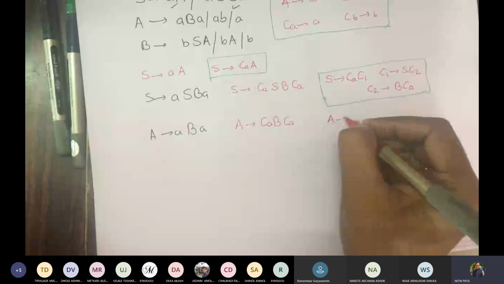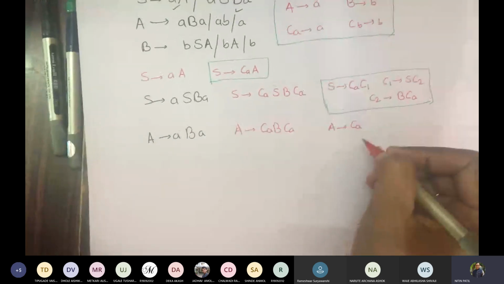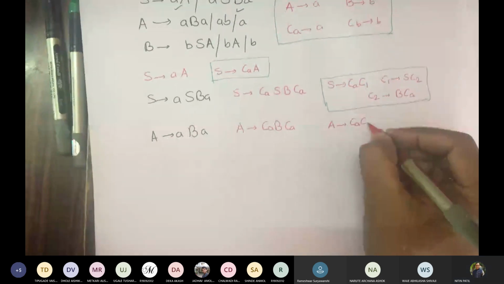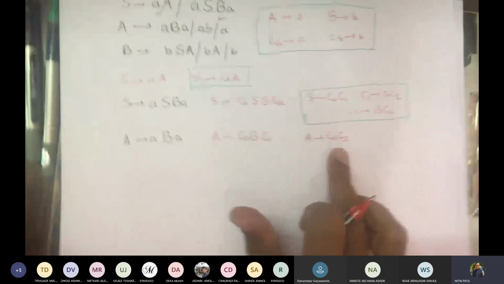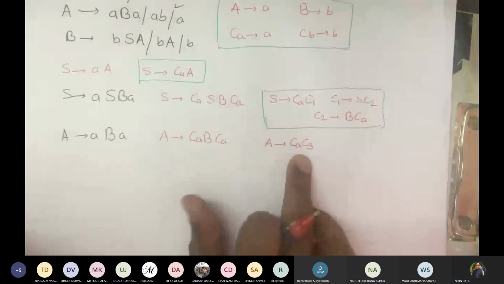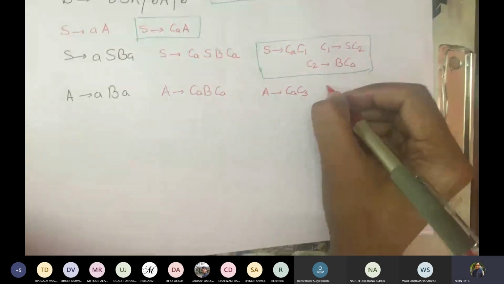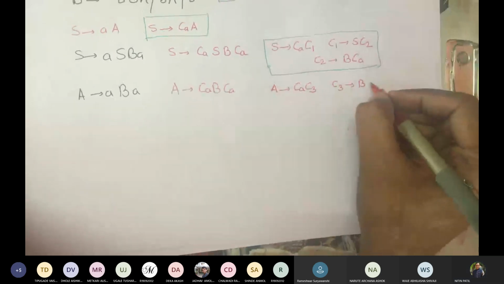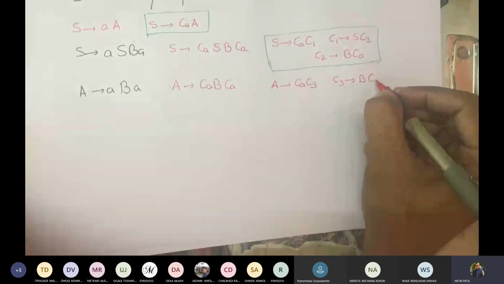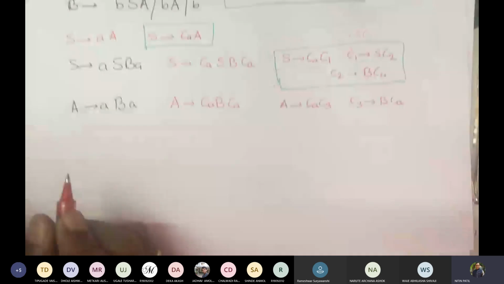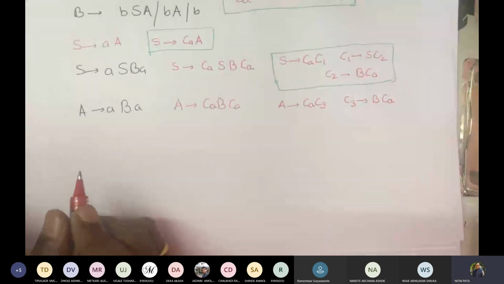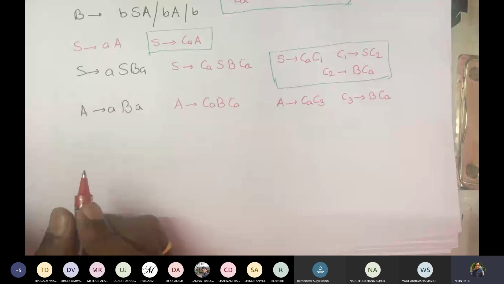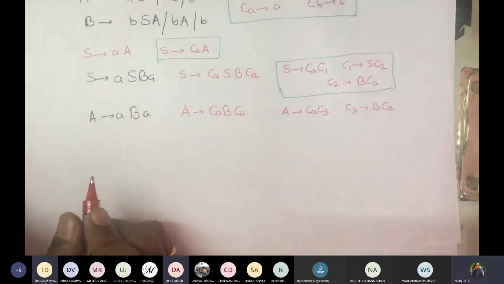Now take this: A gives, we kept CA as it is, and introduced C3, a new variable. CA, C3. What is remaining with C3? B, CA. Fine? Understood?